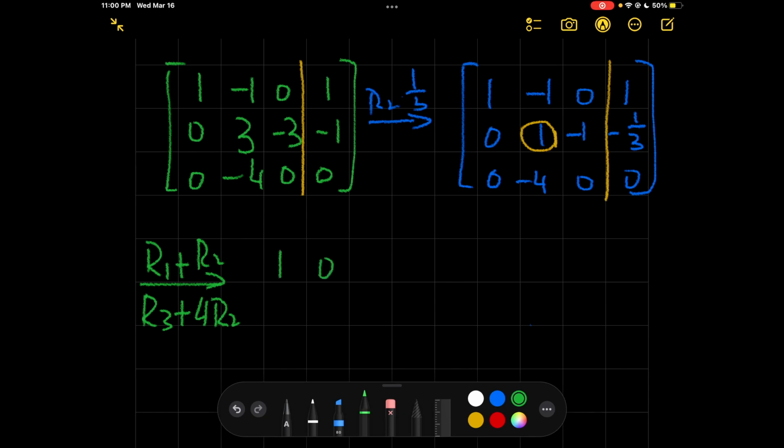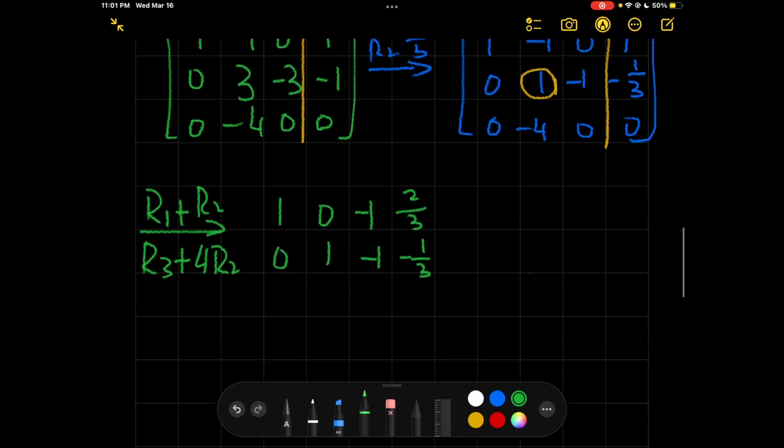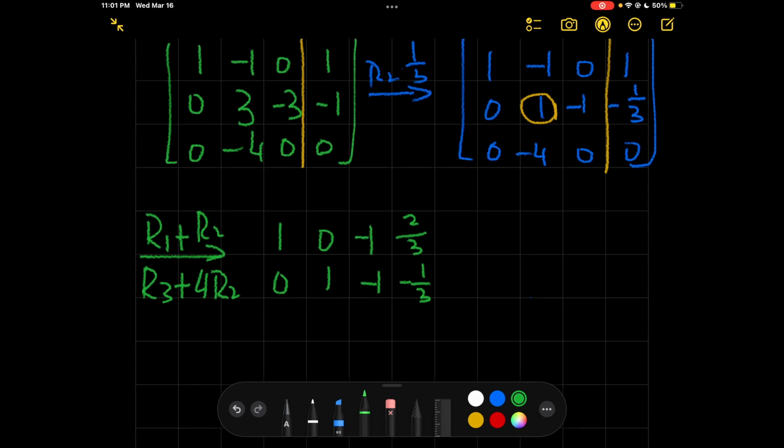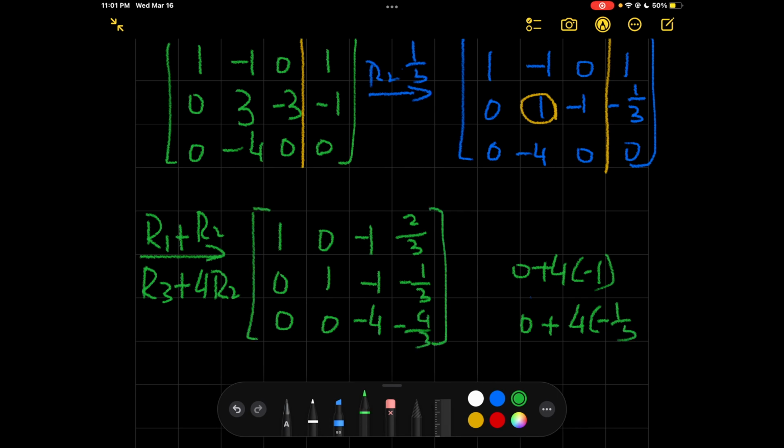Row 1 plus row 2: 1, 0, negative 1, 1 minus 1/3 is 2/3. Second row doesn't change. And row 3 plus 4 of row 2: 0, negative 4 plus 4 is 0, 0 plus 4 of negative 1 is negative 4, and 0 plus 4 of negative 1/3 is negative 4/3.